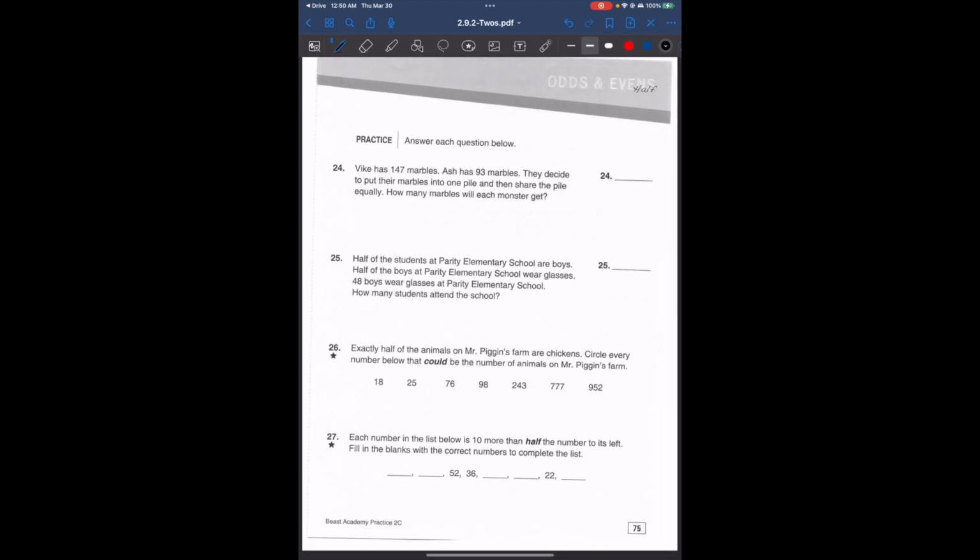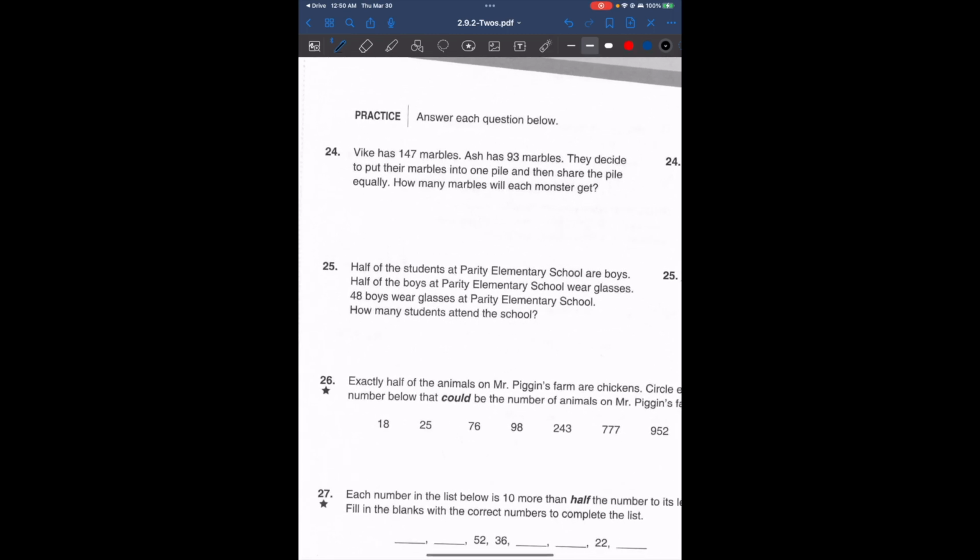Now we're on the last page. Vike has 147 marbles and Ash has 93 marbles. They decide to put their marbles into one pile and then share the pile equally, meaning that they split it into half. How many marbles will each monster get?